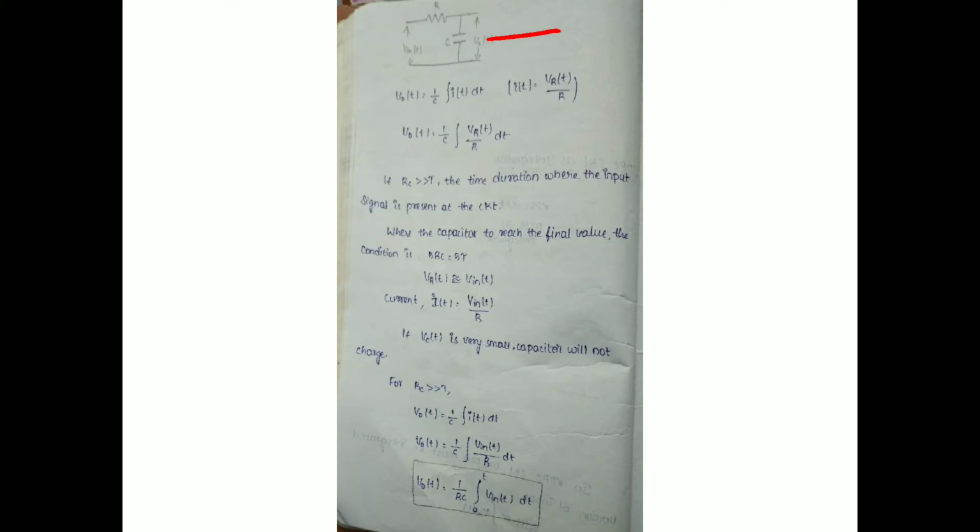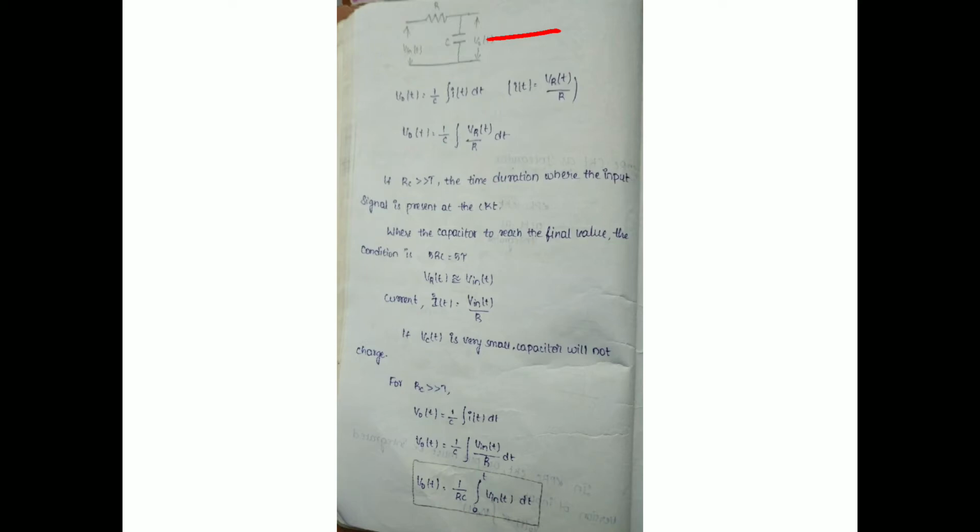So at that condition the capacitor will charge and it gives the final value. Let us see where the capacitor reaches the final value. The condition is RC greater than T: the input signal is present in the circuit itself.